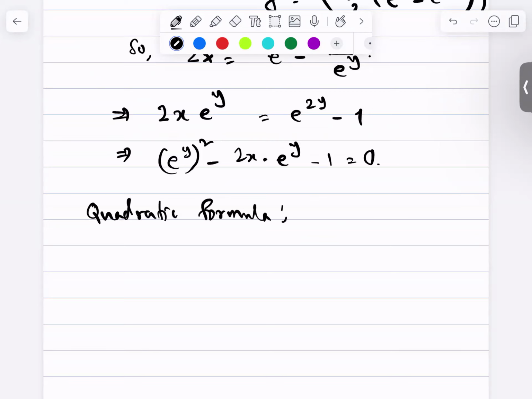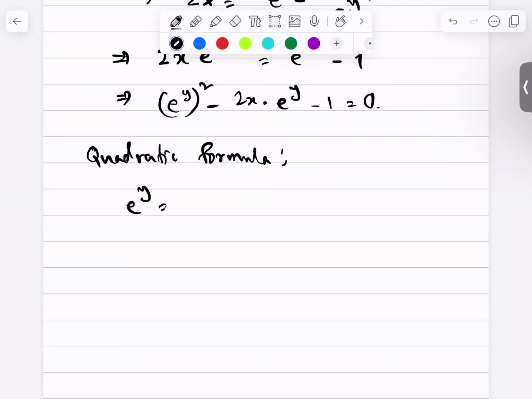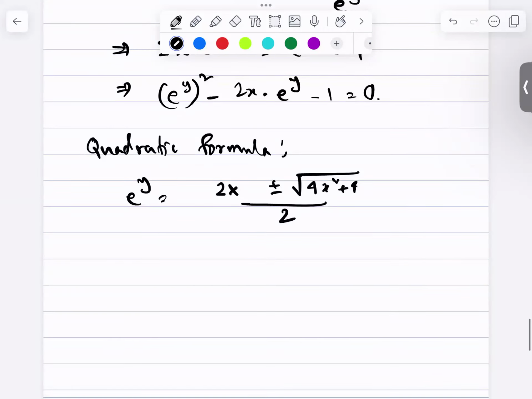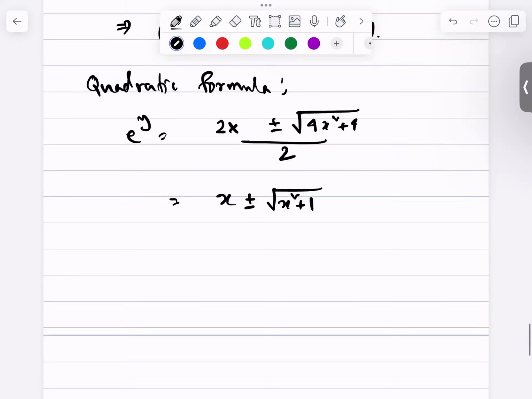Then we'll get e to the y to be (2x plus or minus the square root of 4x squared plus 4) over 2, right? And this is just x plus or minus the square root of x squared plus 1. Okay. Now, we know that the square root of x squared plus 1 is bigger than the square root of x squared, which is just the modulus of x.